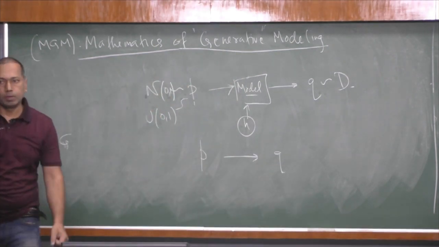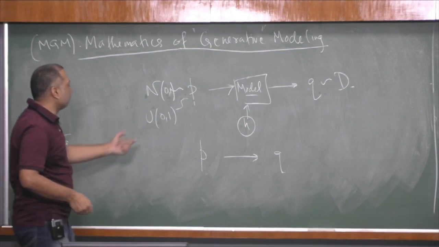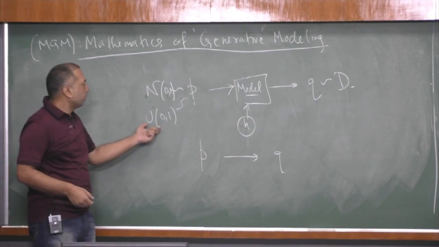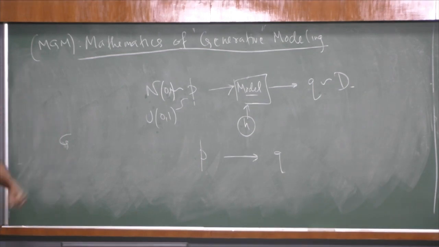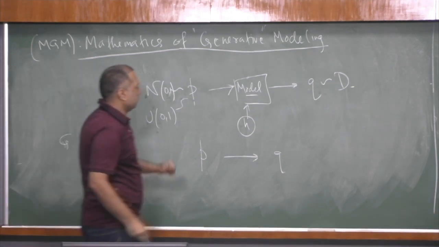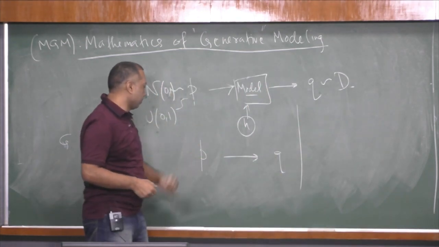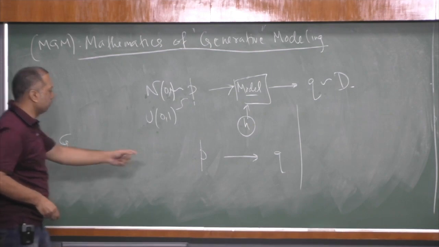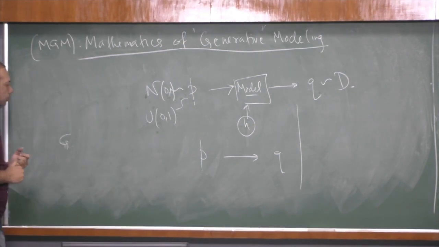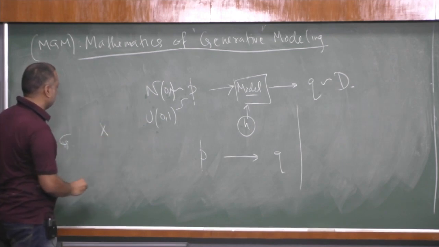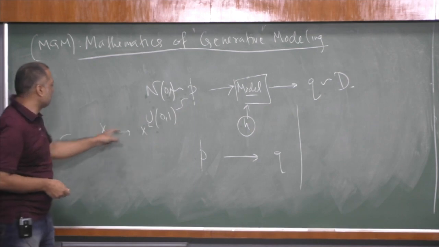There could be very simple things from probability, like given a uniform distribution, can you generate some other distribution? If you have done a probability course, you may be given some random variable x and asked, give me the PDF of x squared. So these are also some form of transformation.